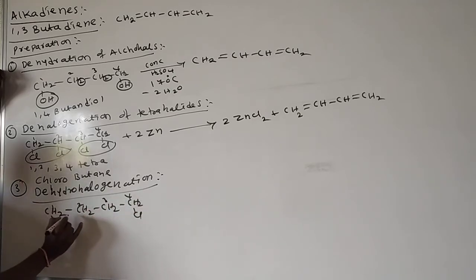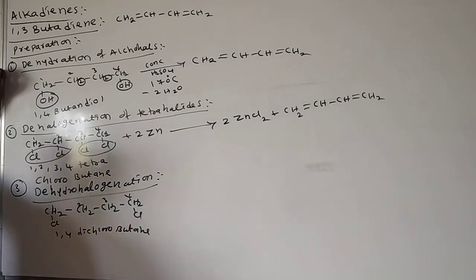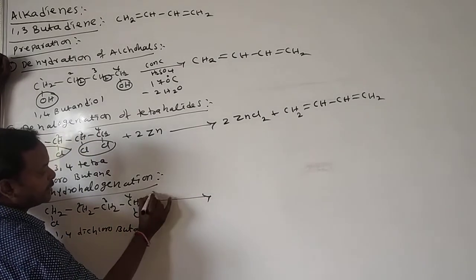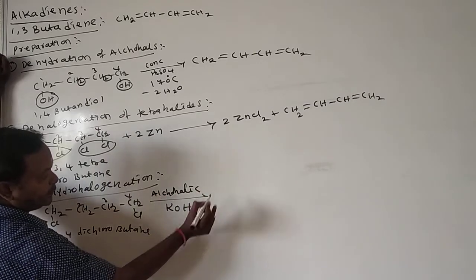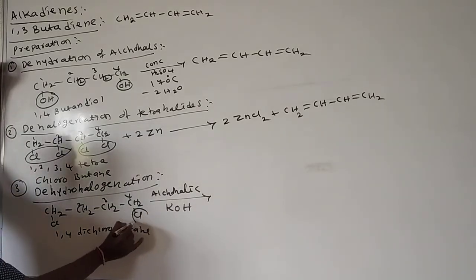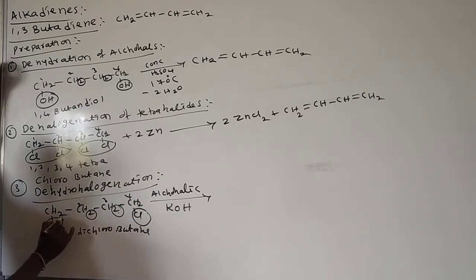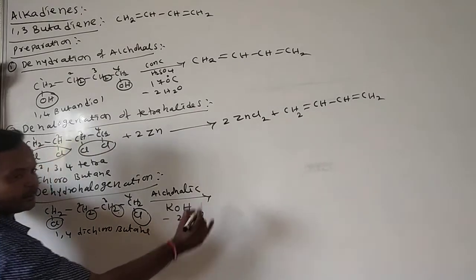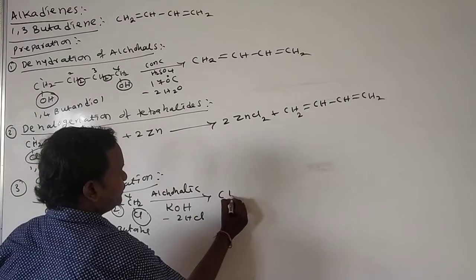It reacts with alcoholic potassium hydroxide. It loses two moles of HCl molecules. Removal of hydrochloric acid we call dehydrohalogenation. Then we get 1,3-butadiene.